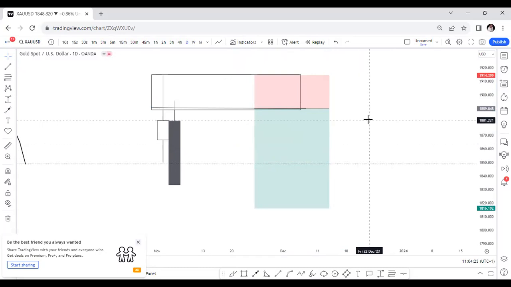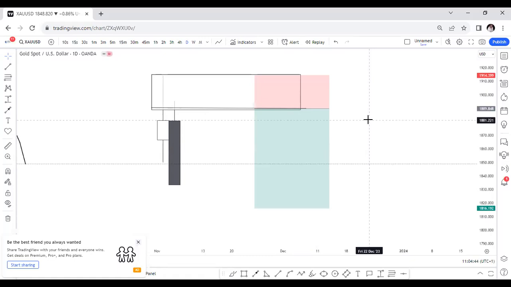If you got your setup on the 4 hours, you can refine to 30 minutes, 1 hour, or 15 minutes. Then refine lower, lower. The lower you get to, the lesser your risk exposure becomes. But it has pros and cons.